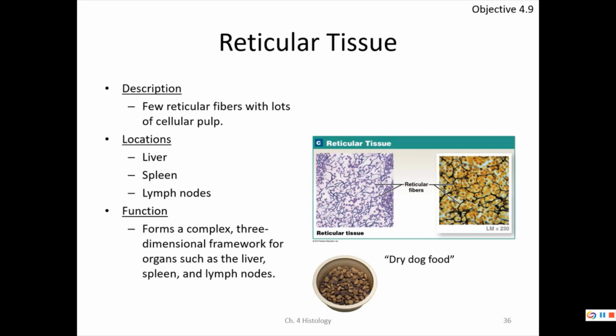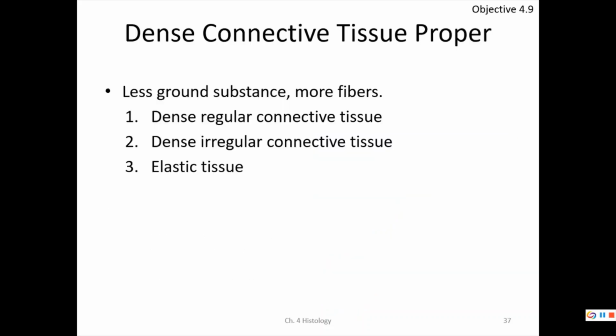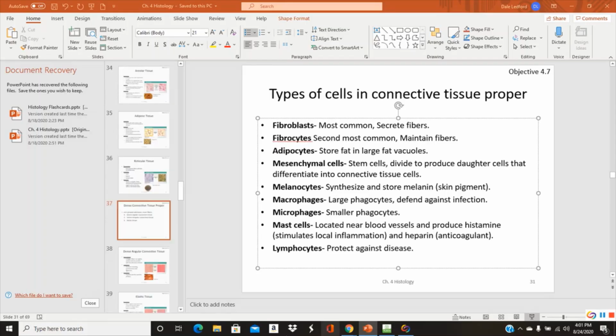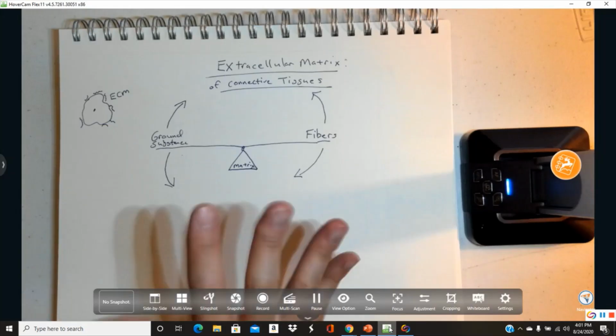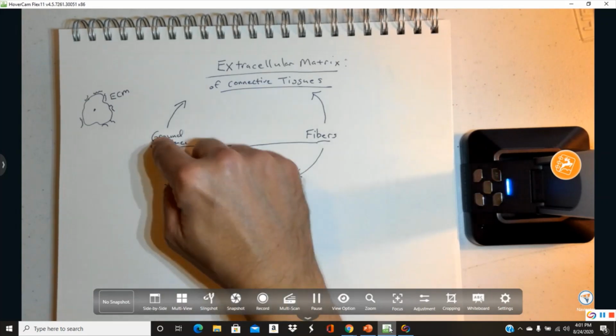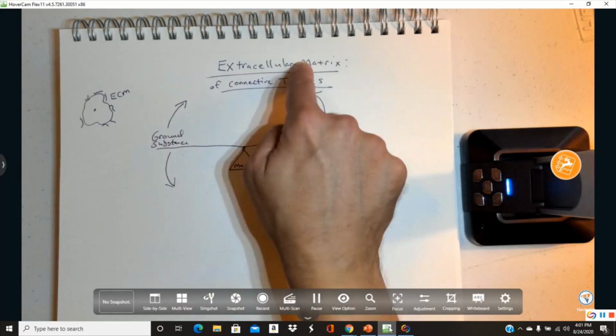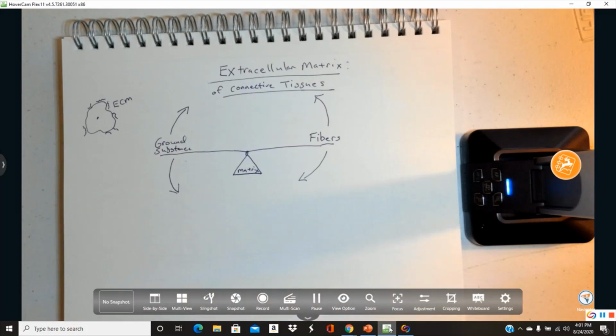Okay, now dense connective tissues, remember, are mostly fibers, but not very much ground substance. Again, remember my analogy of the seesaw where ground substance and fibers are together on a seesaw to make matrix. When this goes up, this goes down, just like a seesaw.